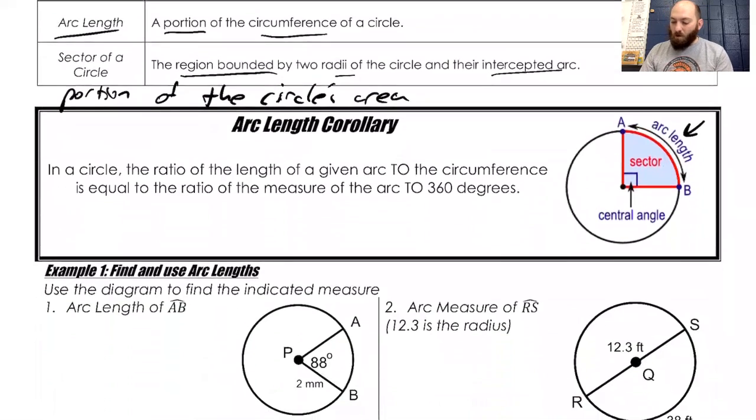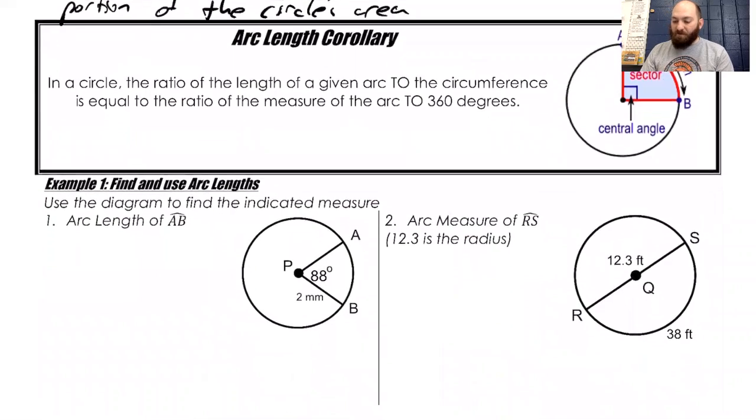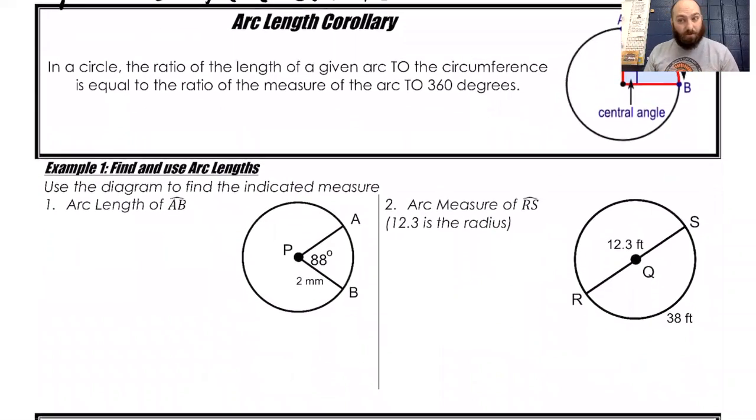So arc length corollary. This is how we can find that length. Like I said, it's a portion, which means we know that in a circle, the ratio of the length of a given arc to the circumference is equal to the ratio of the measure of the arc to 360. So this is what it looks like.